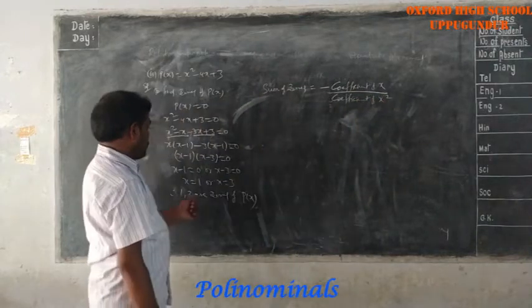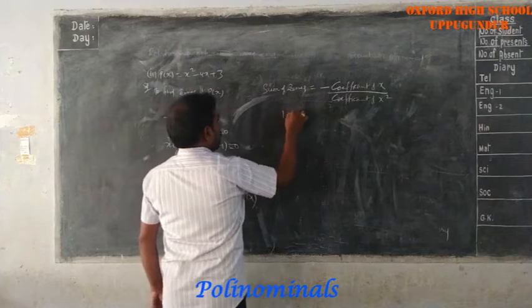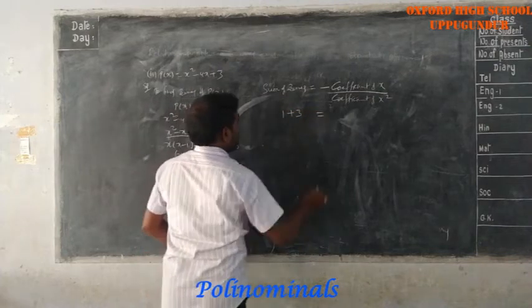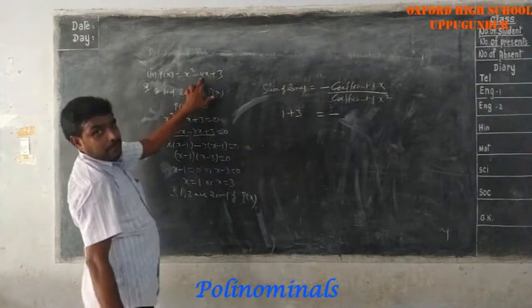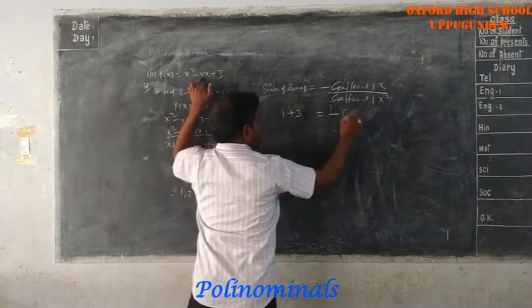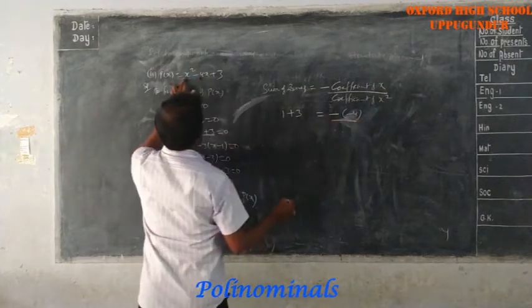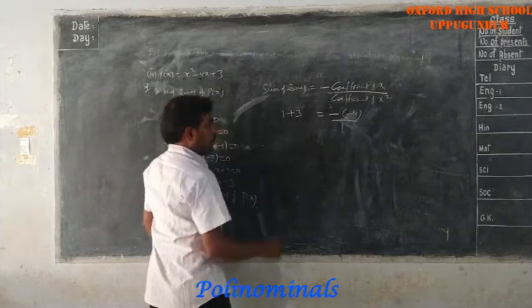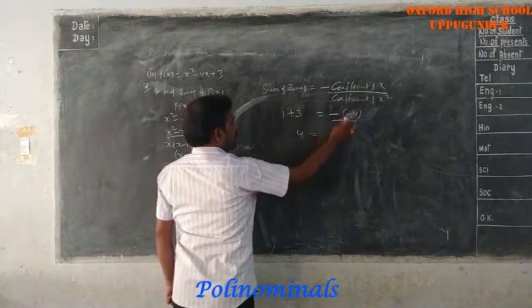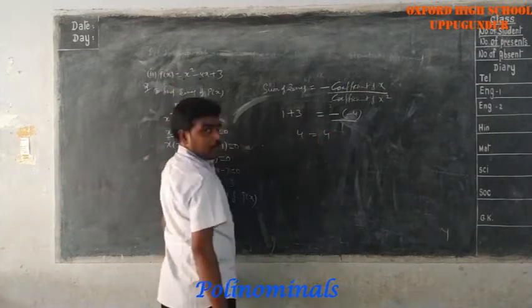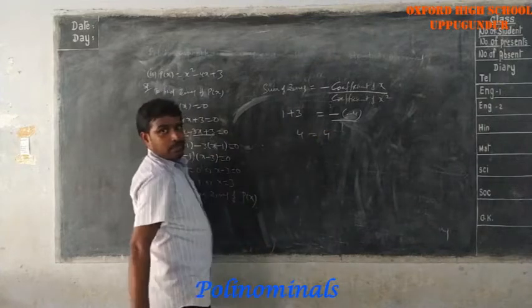What is sum of zeros here? 1 plus 3 equal to minus coefficient of x here. Coefficient of x is minus 4 by coefficient of x square is 1. So 1 plus 3, 4 equal to minus of minus 4, 4 by 1 is 4. So sum of zeros verified.